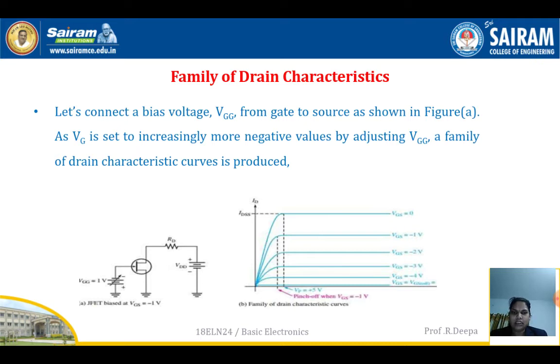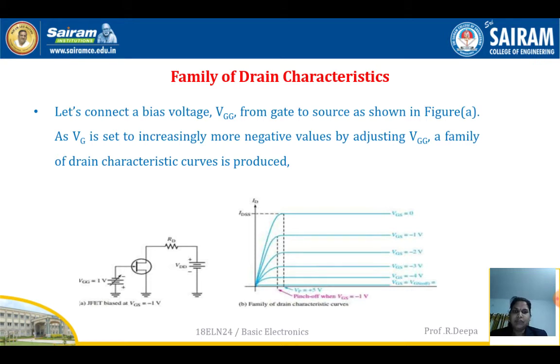The characteristics, if we observe, are the same as the previous curve we defined for VGS equal to 0. But if I increase the gate source voltage, we can observe a decrease in the drain current ID.